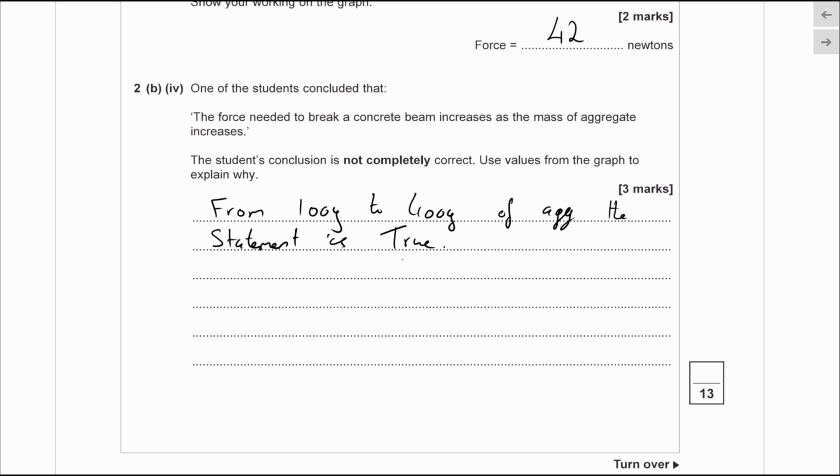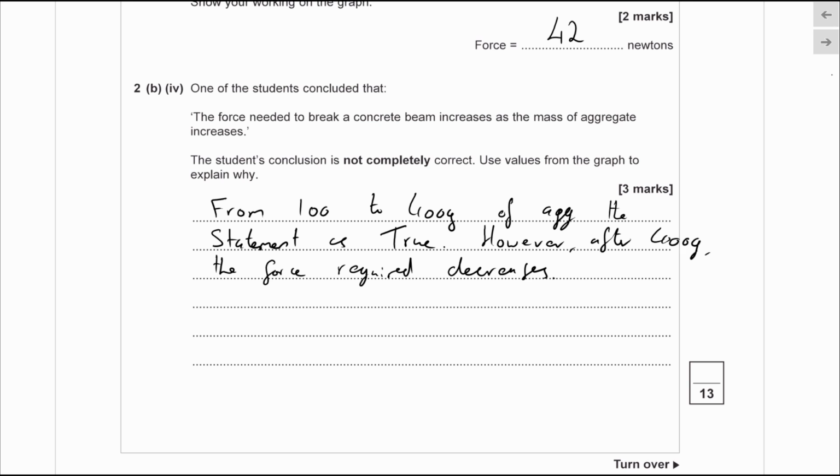Now, however, after 400 grams, the force required decreases.